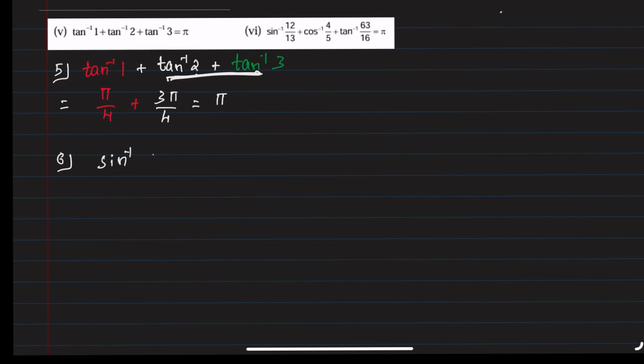Next, sin inverse 12 by 13 plus cos inverse 4 by 5 plus tan inverse 63 by 16. Convert this sin inverse into tan inverse, and convert this cos inverse into tan inverse.